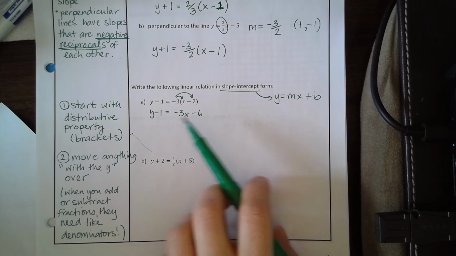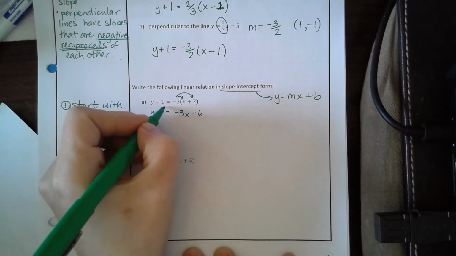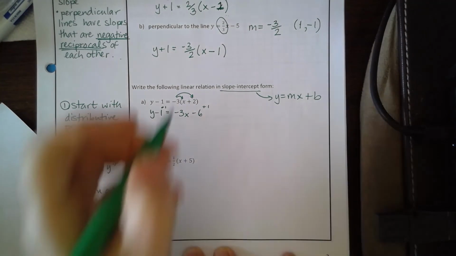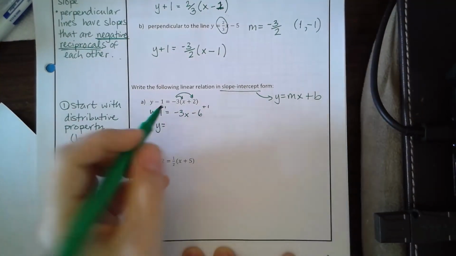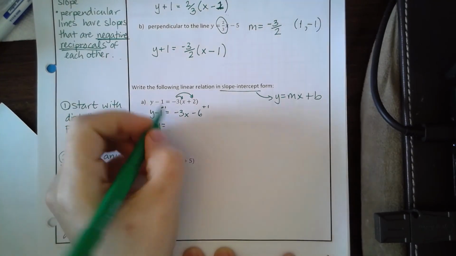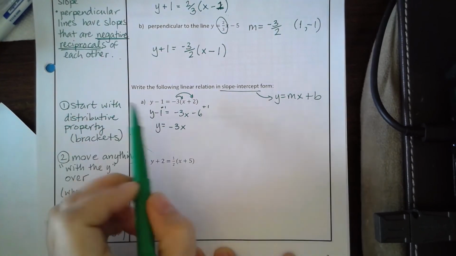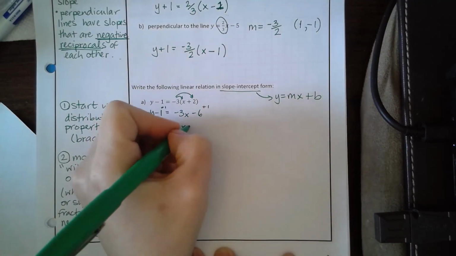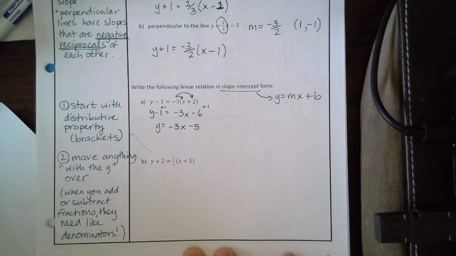We're going to add 1 to both sides, but remember we can only add it to like terms. So that 1 isn't like the minus 3x, so the minus 3x stays the same. The minus 1 is like the minus 6, so when we add to it we get minus 5.